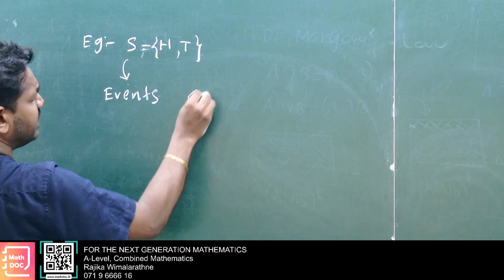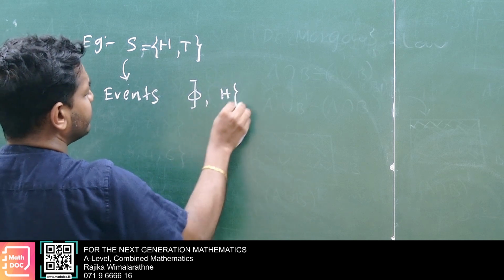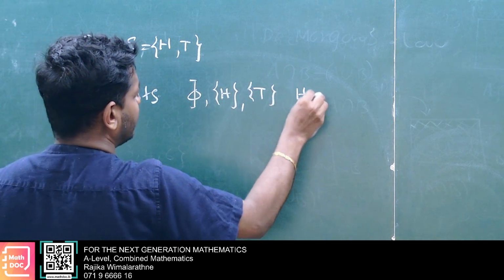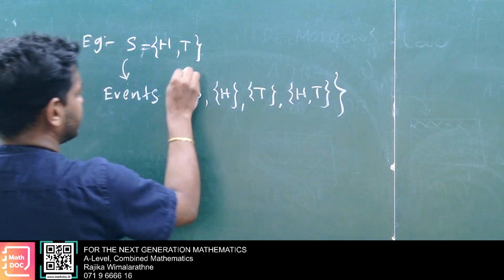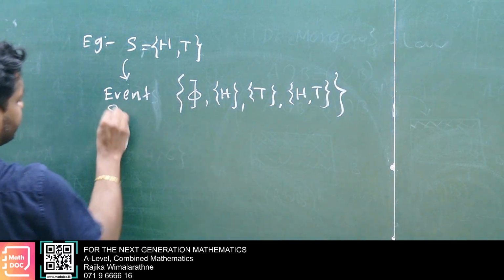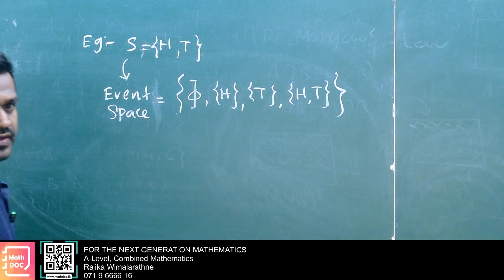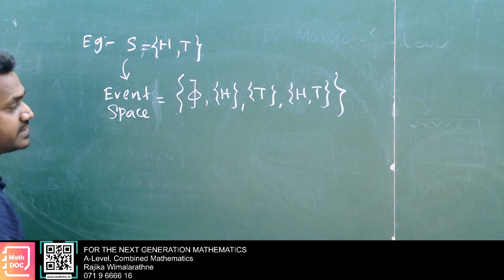All possible events: null, then all subsets: head, tail, head or tail. Here this we call the event space. Okay, that would look like a curly event space.